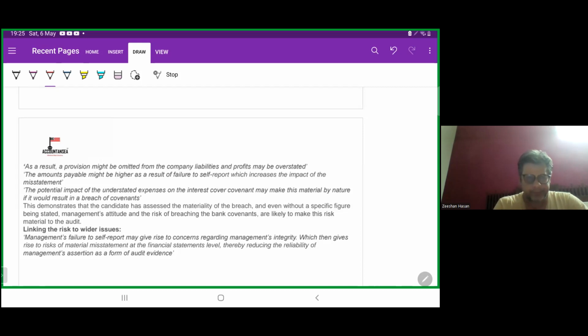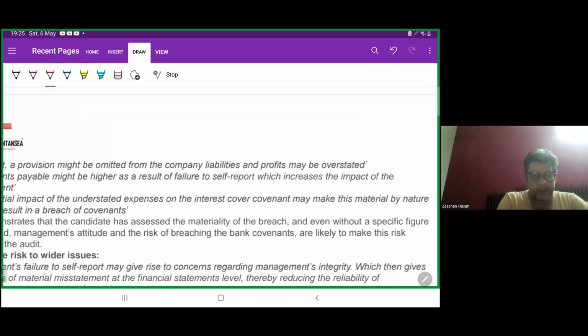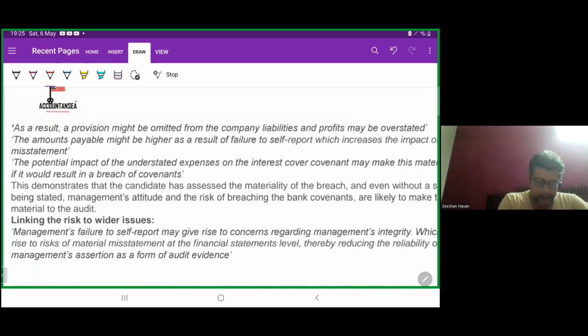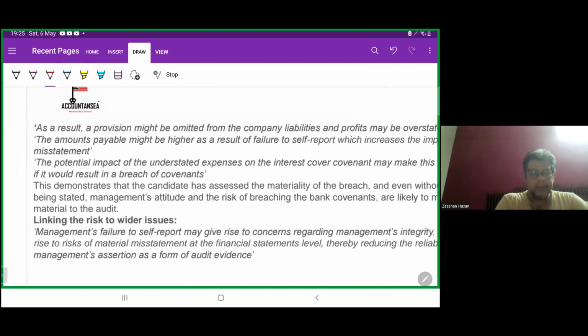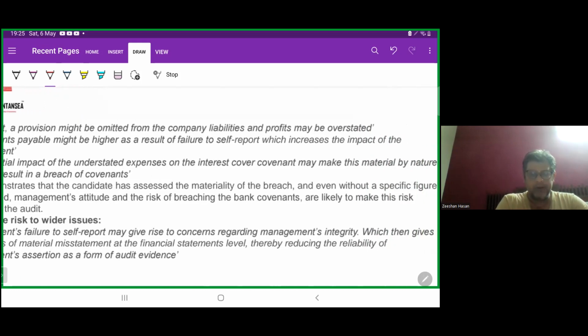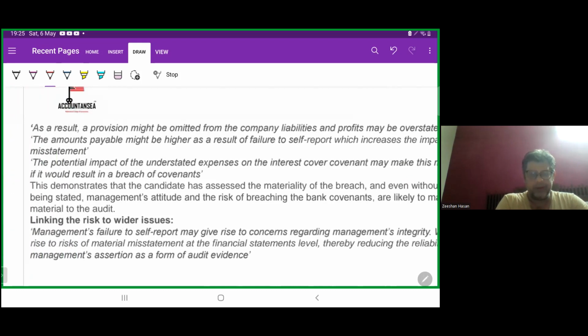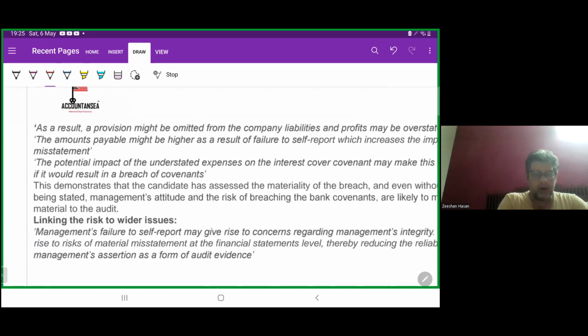If it would result in a breach of covenants, then this demonstrated that the candidate had assessed the materiality of the breach, and even without a specific figure being stated, management attitude and the risk of breaching the bank covenant are likely to make this risk material to the audit.